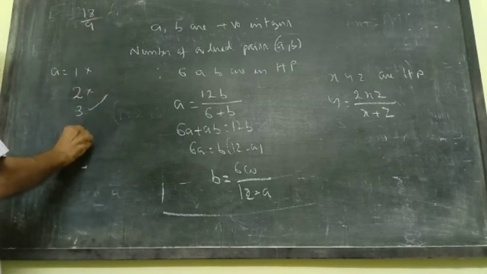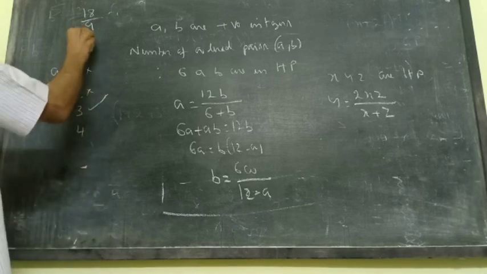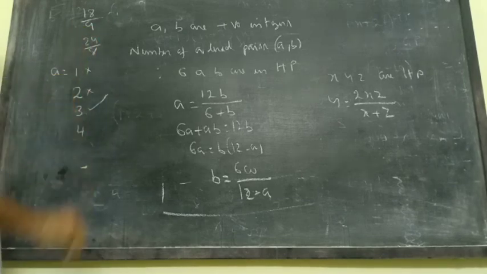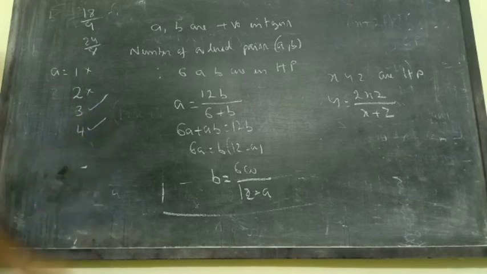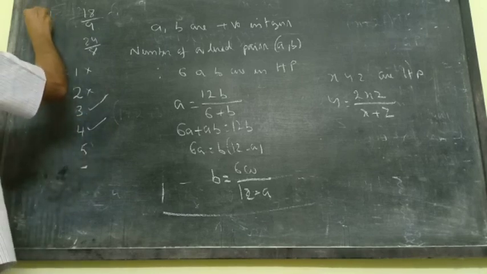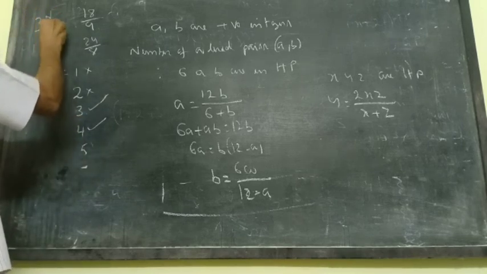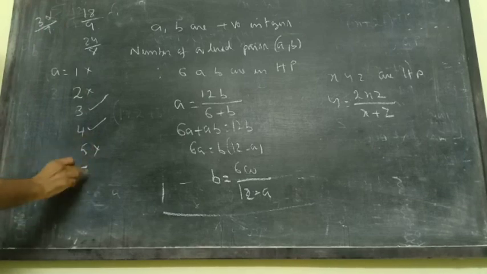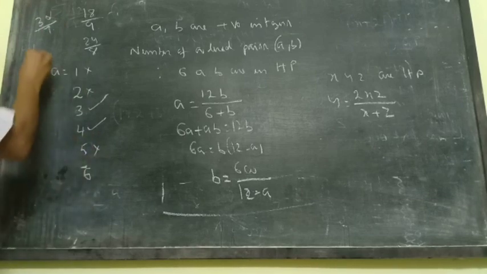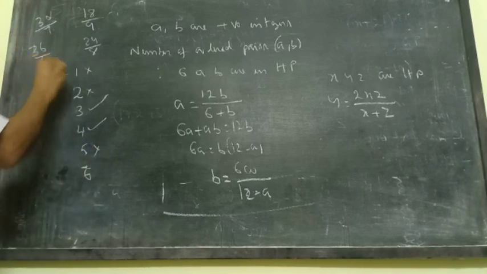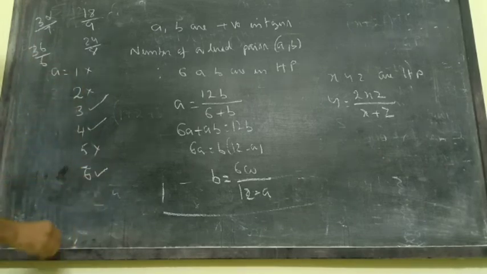Next, a is equal to 4, you will get 24 by 8, so integer. a is equal to 5 means you will get 30 by 7, 5 fails. a is equal to 6, 36 by 6, okay.